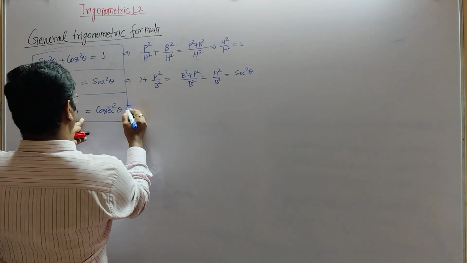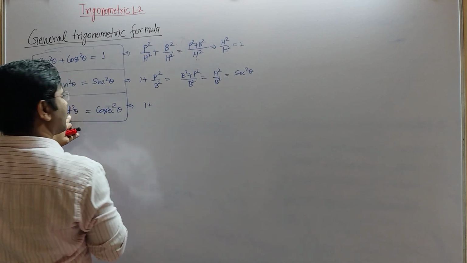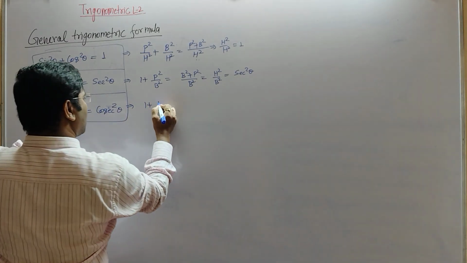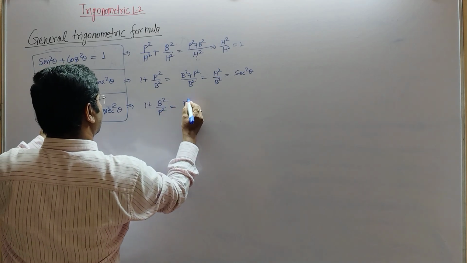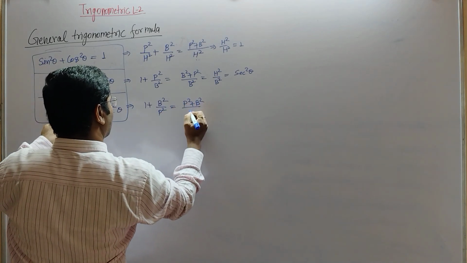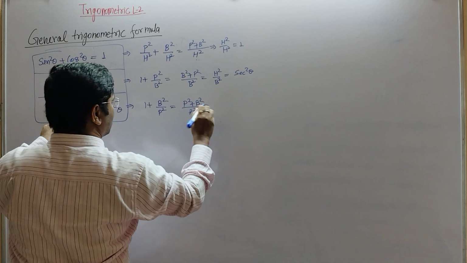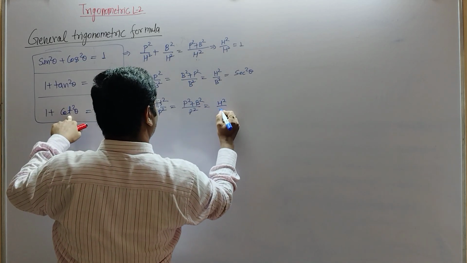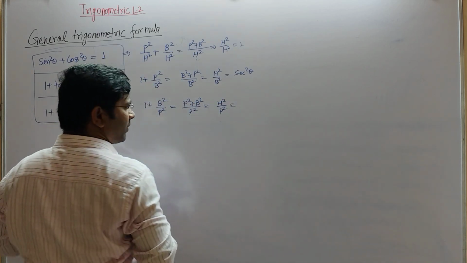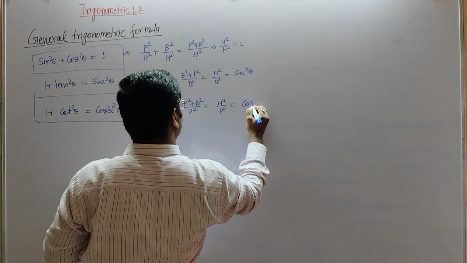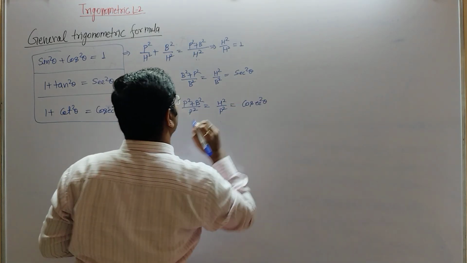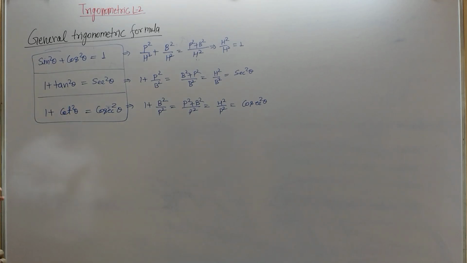Similarly, we can prove 1 plus cot square theta, where cot is base upon perpendicular. So this is p square plus b square upon p square, which is hypotenuse square upon perpendicular square, and hypotenuse upon perpendicular is cosec theta. So we can prove this. Okay, so these are the general formulas. We have to remember these.